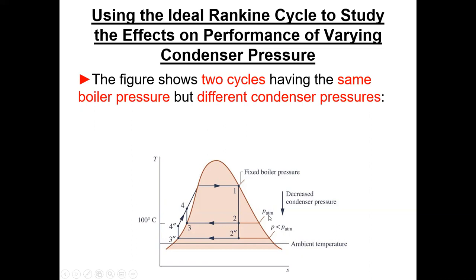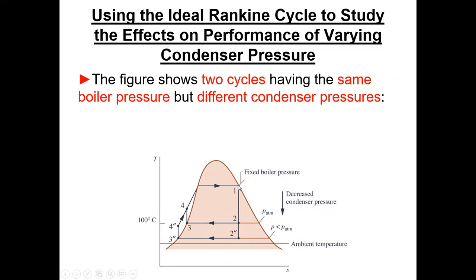So somehow by hook or crook, we've managed to transfer this heat at a lower temperature than we could before, which allows us to drop condenser pressure from P atmosphere to a pressure less than P atmosphere. We exaggerated it a little bit here, but this is the lower pressure.